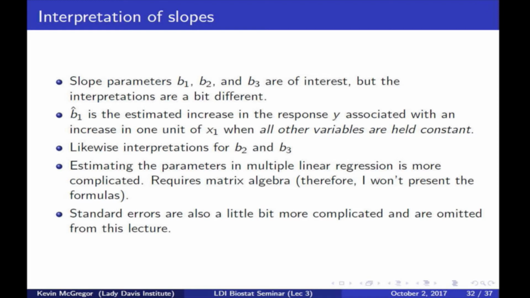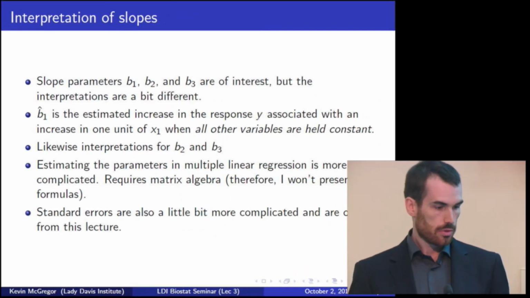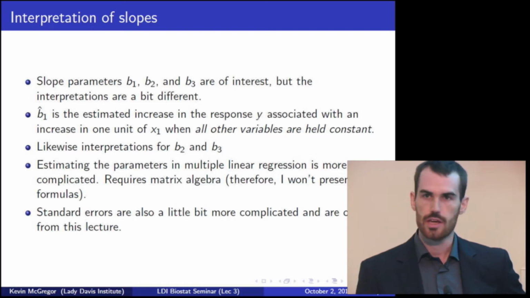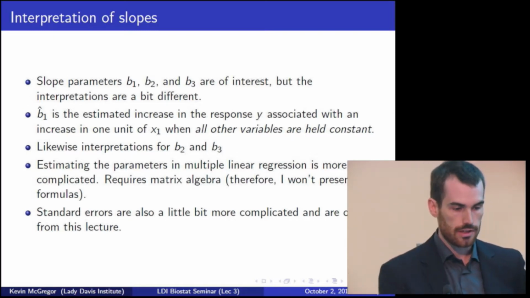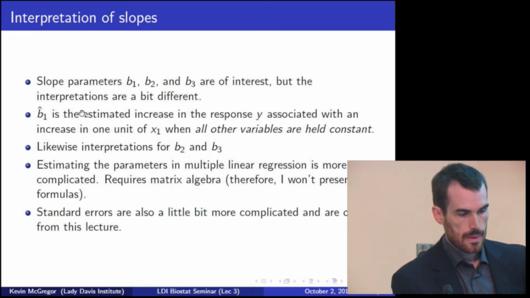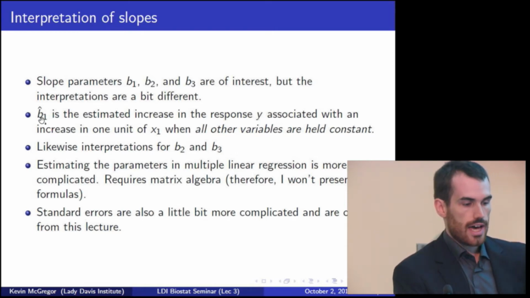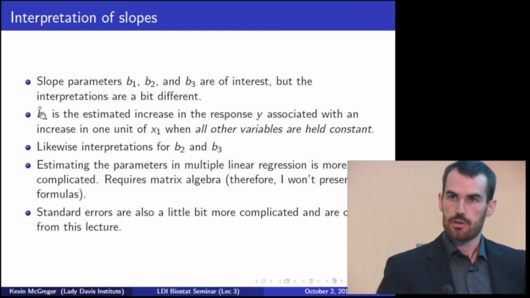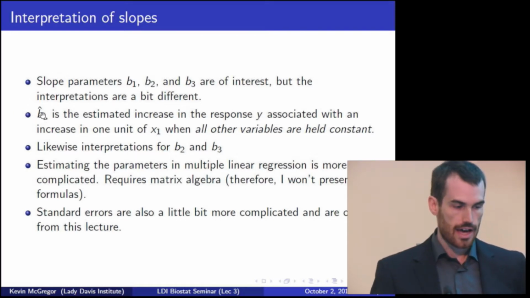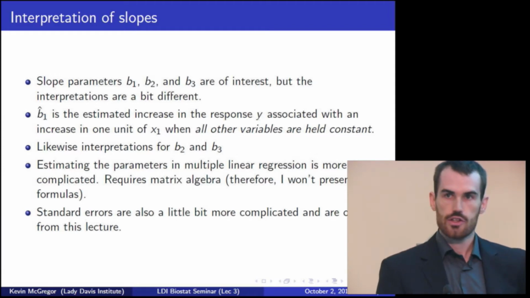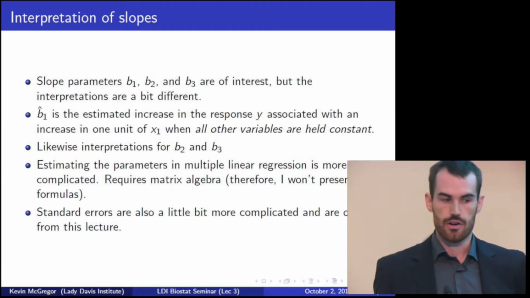So we have interpretations for the different slope parameters, and they're very similar to simple linear regression, but we have to take one extra thing into account. If we look at just the first one, the slope parameter for the first variable, we're looking at the effect of that first variable x1 on y, conditional on all other variables.